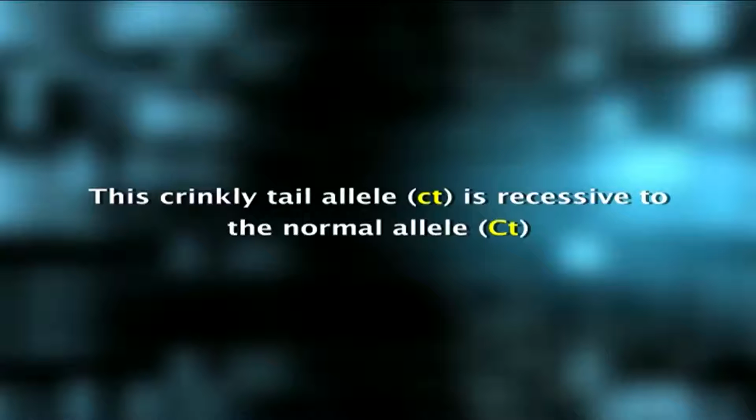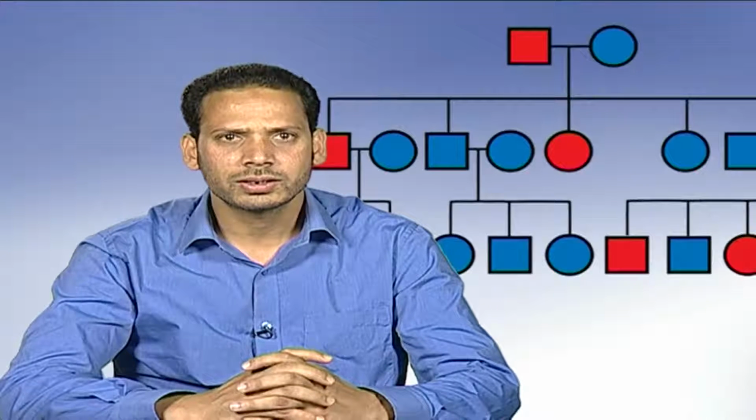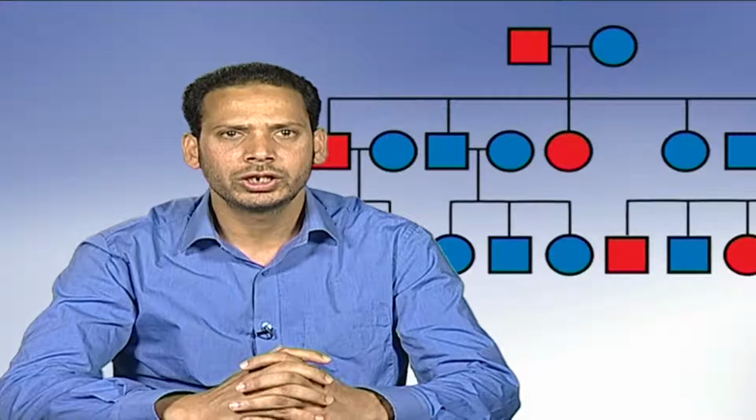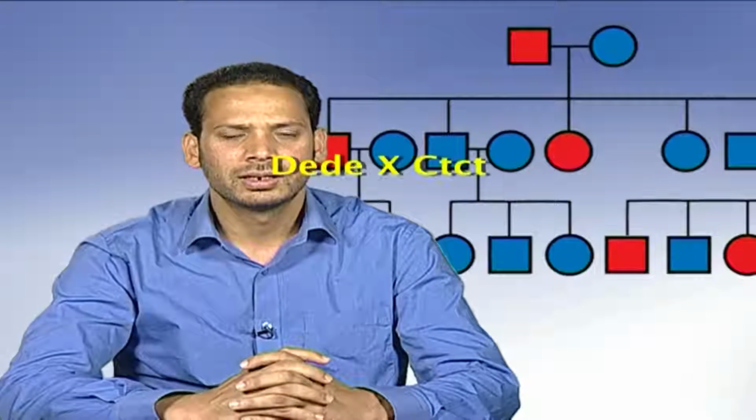This crinkly tail allele, designated as ct, is recessive to the normal allele CT. If a cross is made between two heterozygote mice designated as DE de, CT ct, the predicted ratio of the offspring will be 9:3:3:1, with droopy ears and a crinkly tail.